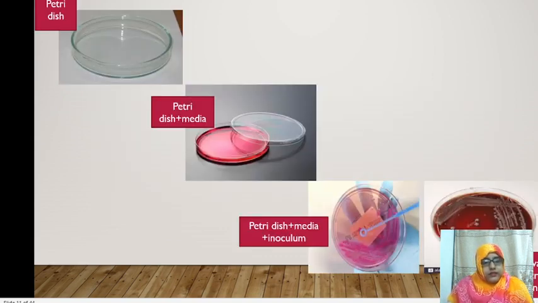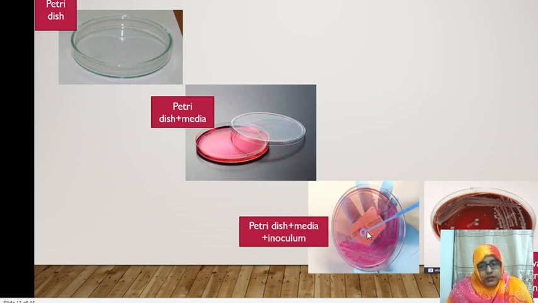You can see here is a petri dish, a glass dish in which we prepare a media providing specific nutrition. We will discuss later how we prepare media and why we prepare media. Then this one is the loop.